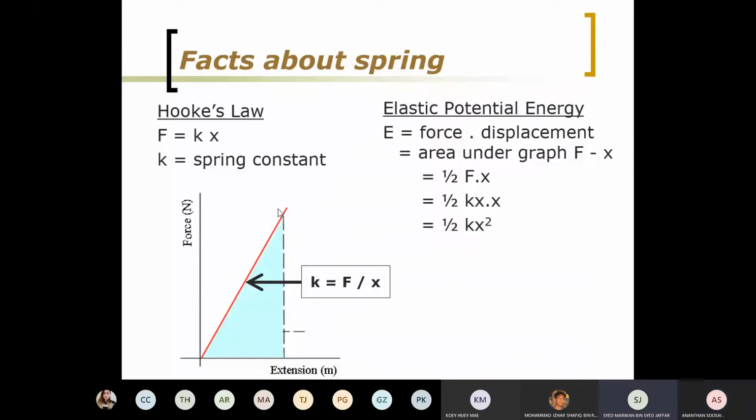Big spring constant, difficult to extend. The bigger the spring constant, the more difficult to extend. So the car suspension spring has a higher spring constant, which means a greater gradient on the F versus x graph.